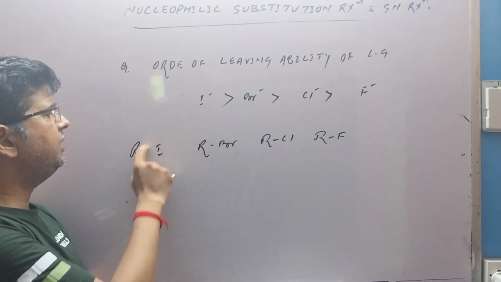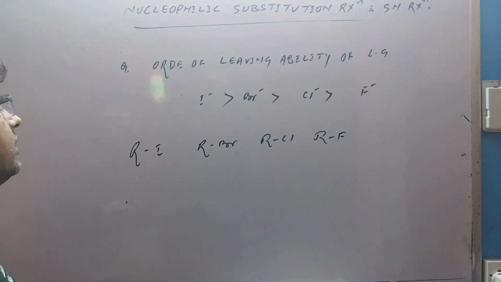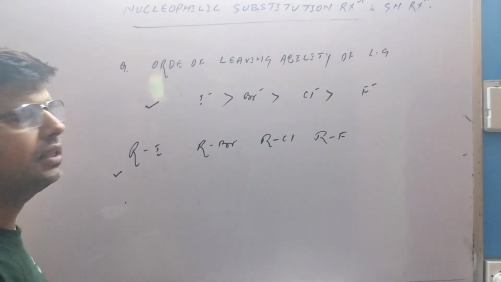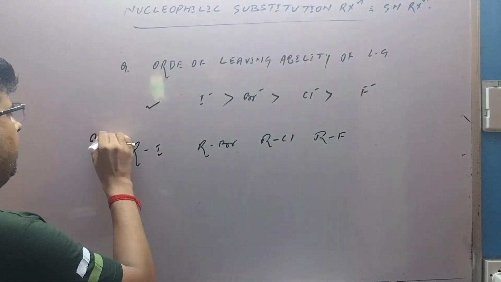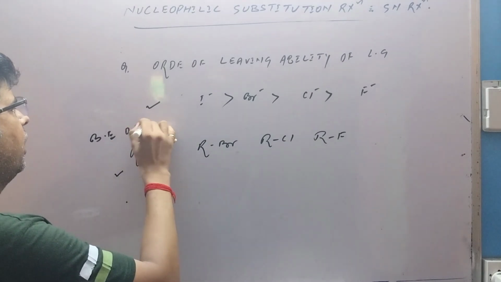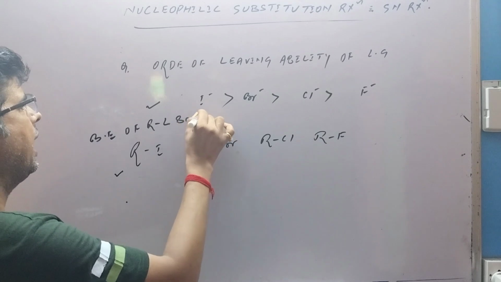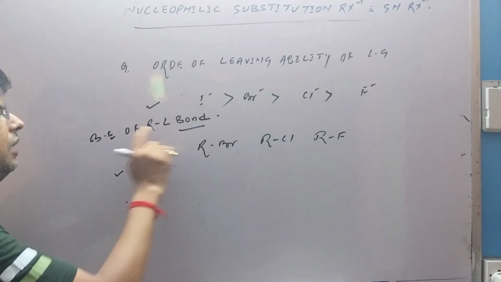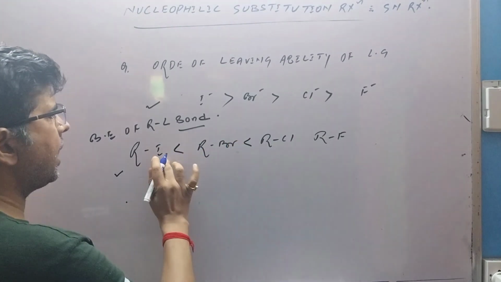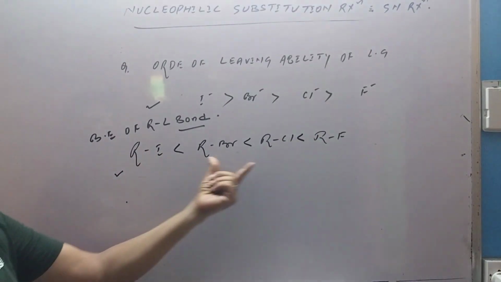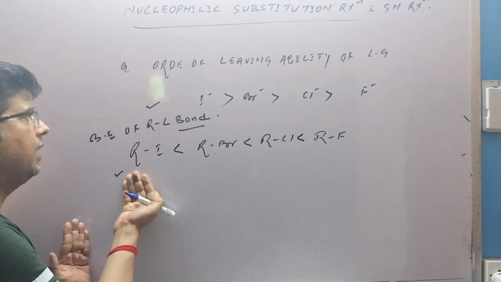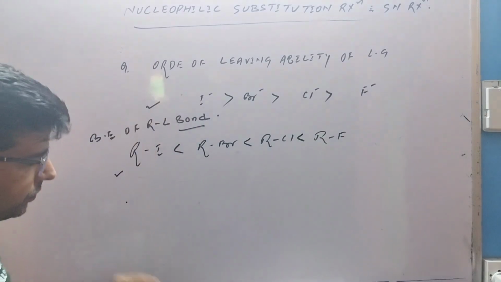So this gives easy departure of I minus ion. On this basis, we also discuss the order of leaving ability. Bond energy of the R-L bond, where L simply means leaving group: RI is weakest among all, so I minus departs easily. As bond energy is lesser, leaving ability predominates.